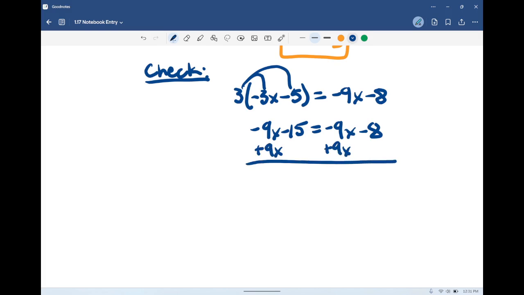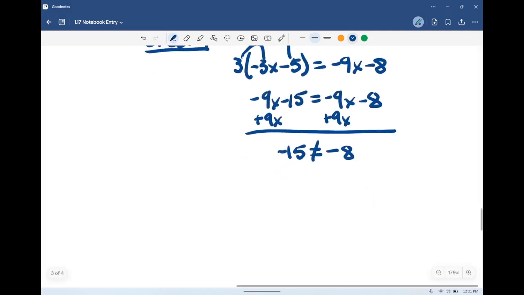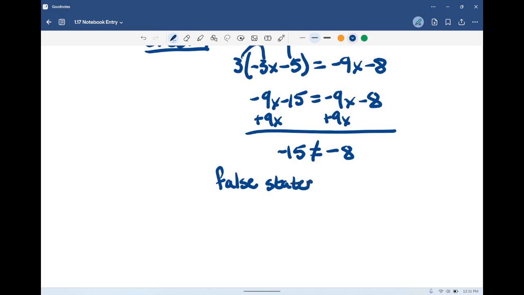Because when I do that, I think it's really obvious that all of a sudden I have negative 15 equals negative 8. Is that true? No. And so, the false statement tells us no solutions.